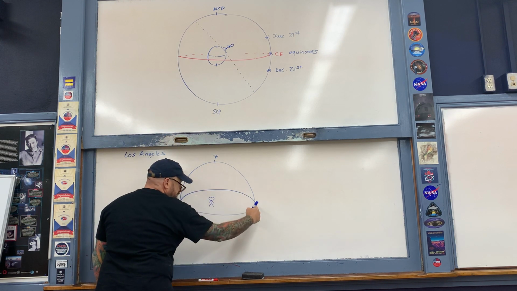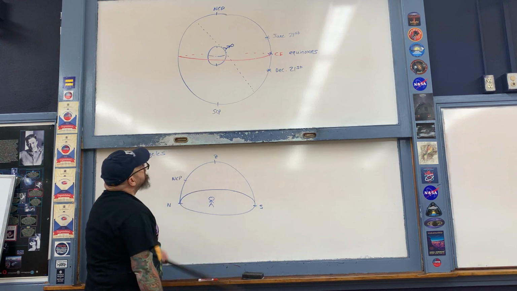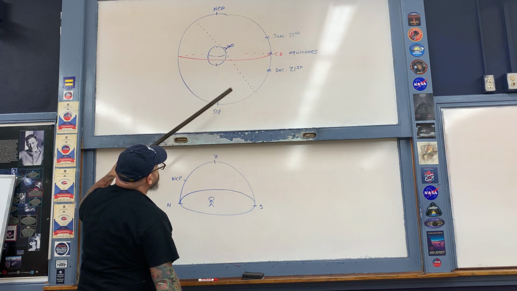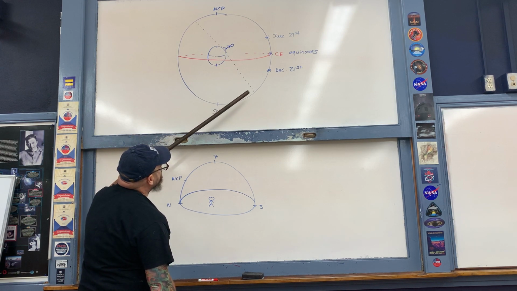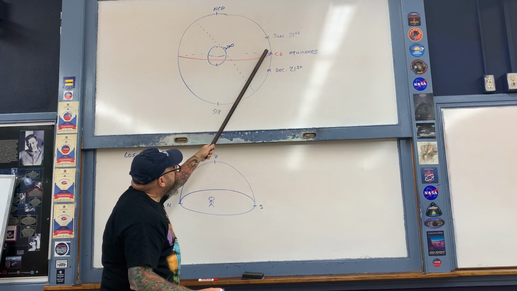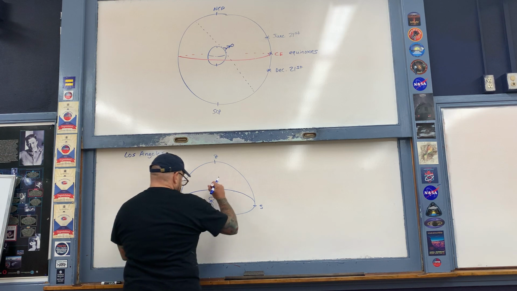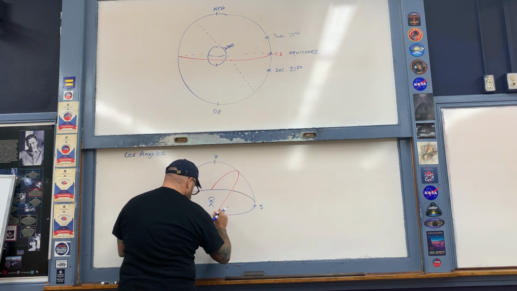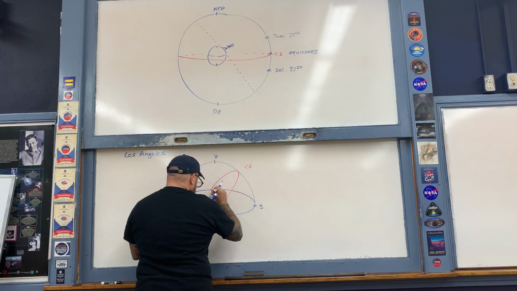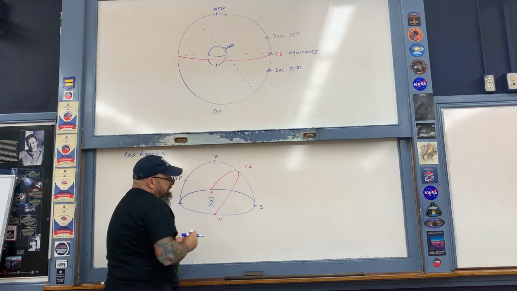So here's the meridian. This right here is due north. Here is due south. The person standing in Los Angeles is never going to be able to see the South Celestial Pole. It's always below the horizon. And then here on an angle to the right-hand side like so, in red, is the celestial equator. Okay, and then right here is due east, right here is due west.